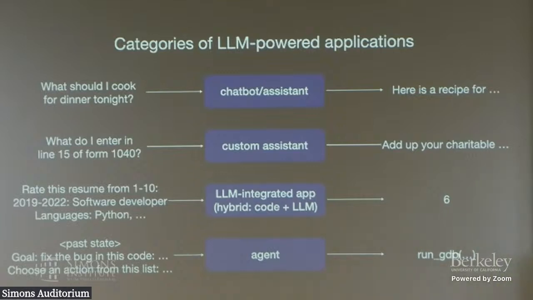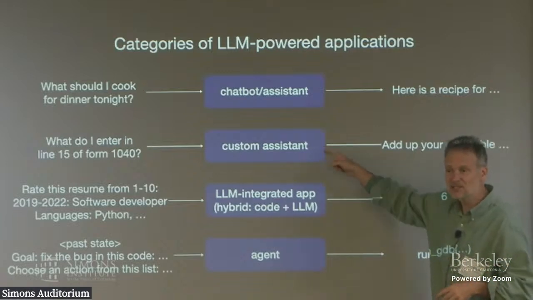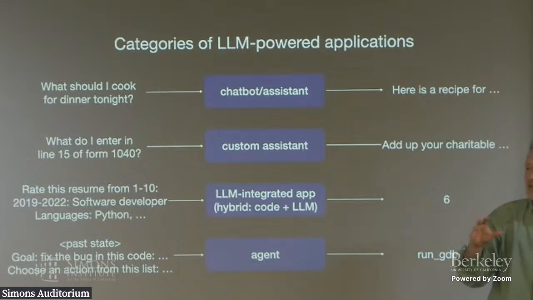All right, so some example categories of things that people are using language models for today or want to use them for soon. We have ChatGPT, a conversational agent. We have some custom assistants like GPTs, or these custom specialized chatbots you can find on the GPT Store.